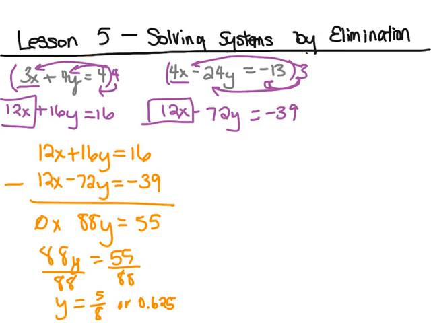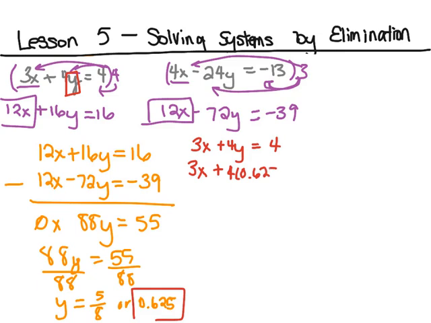Now we're going to substitute y into our original equation. So 3x plus 4y is equal to 4. 3x plus 4 times 0.625 is equal to 4. 3x plus 2.5 is equal to 4. 4 times 0.625 is 2.5.